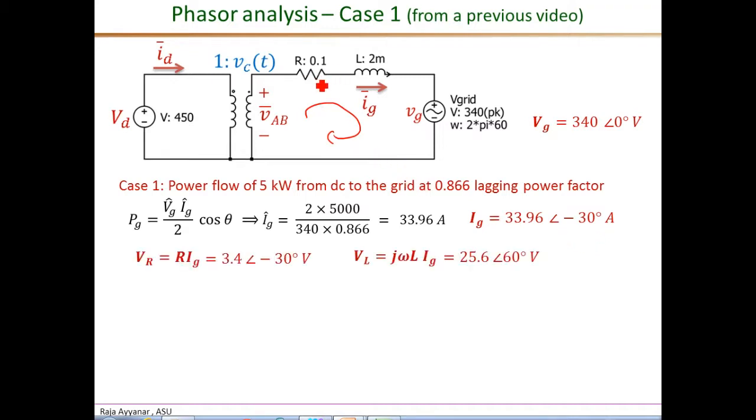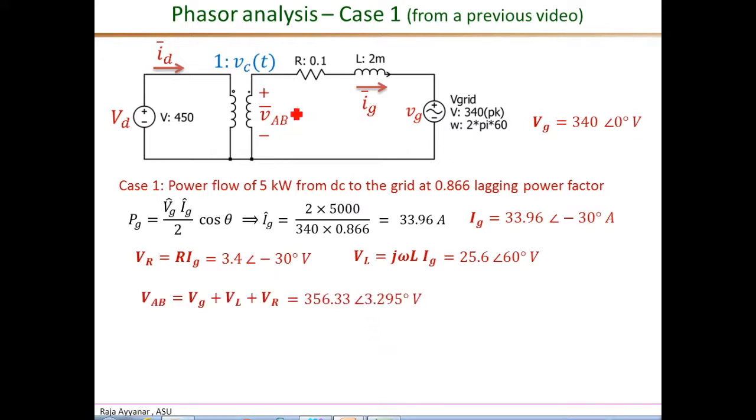Then we can calculate the two voltage drops across the resistance and the inductance. VR is simply R times the grid current Ig, so it's 0.1 times the grid current. VL is j omega L, its impedance, times the grid current, and that comes out to be 25.6 volts peak with an angle of 60 degrees with respect to the reference, which is the grid voltage.